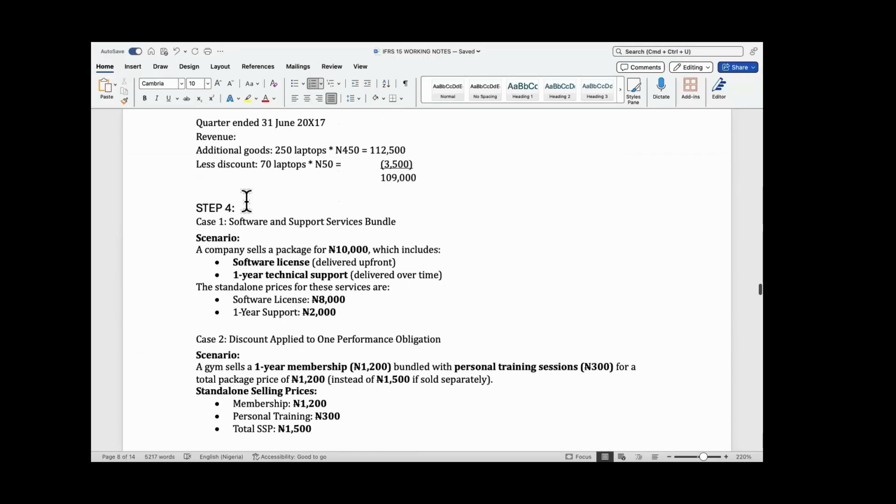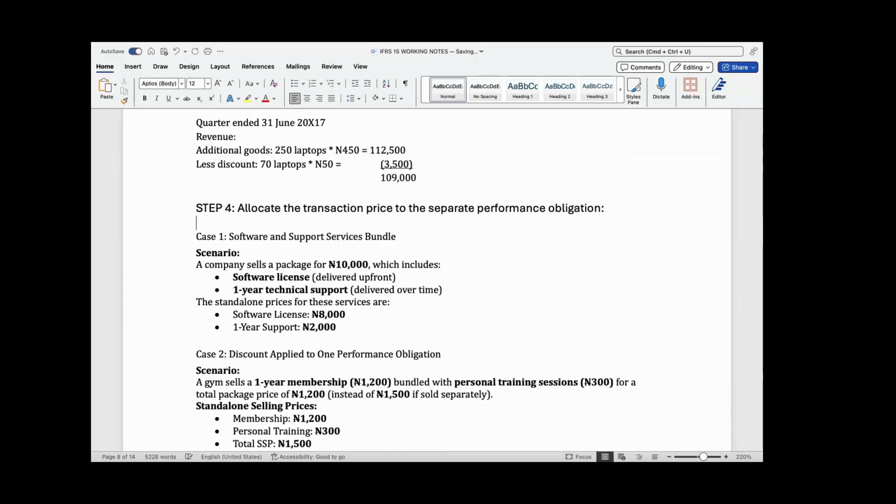Now, you see, step 4 is where you allocate the transaction price to the separate performance obligations.